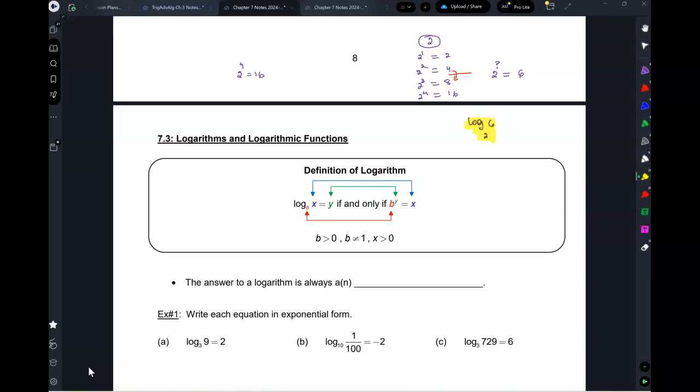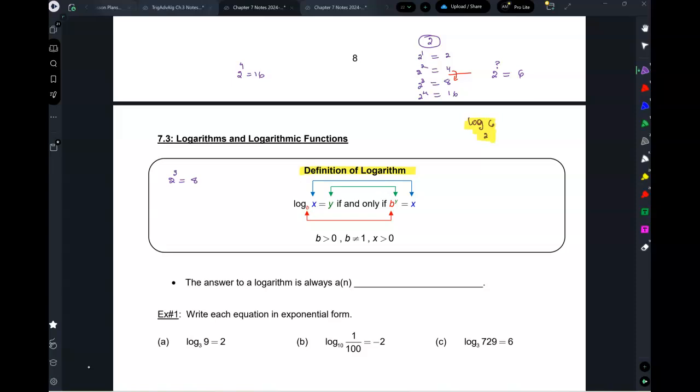Okay, so why don't we take a look at that more closely? Let's look at the definition of the logarithm. The logarithm has this format: log base b of x is equal to y. This b is the base in an exponent, in a power. So let's look at it this way. Suppose we have 2 to the power of 3 is equal to 8.